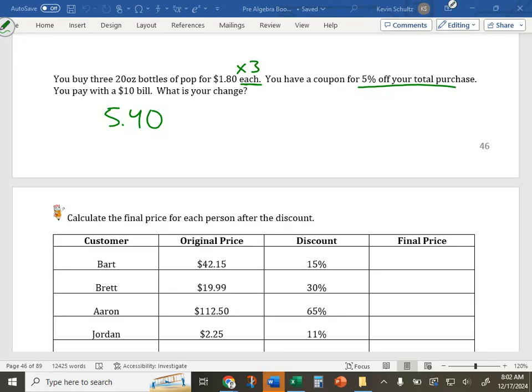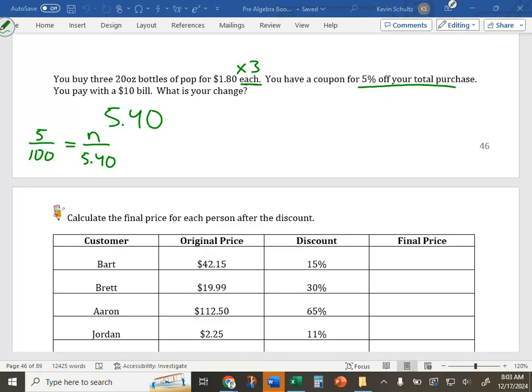So whether you set up a proportion or whether you use the new total directly, Layla, which method do you prefer? The fraction? Okay. So 5% gets written in fraction form, right? 5 over 100 equals how much are we going to take away from the $5.40 price? Okay, 5 over 100 equals what over 540?